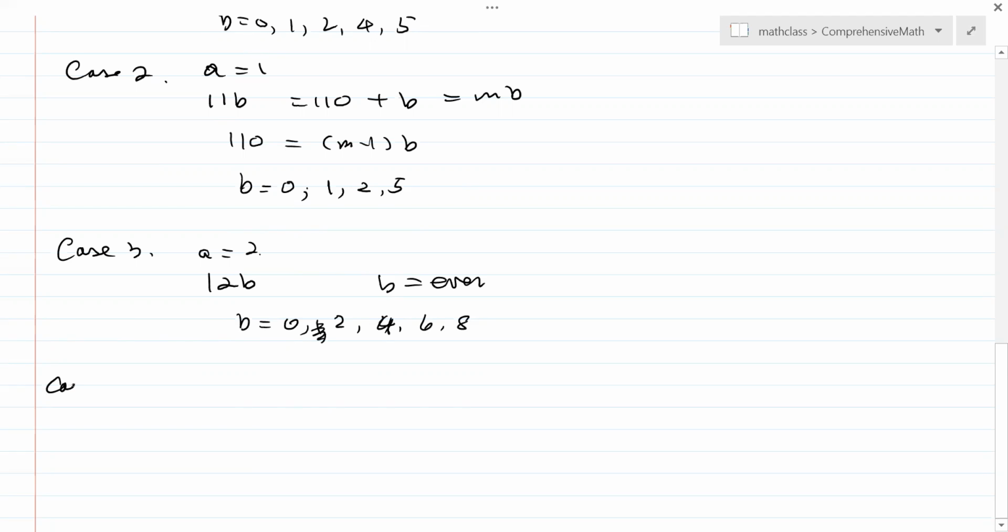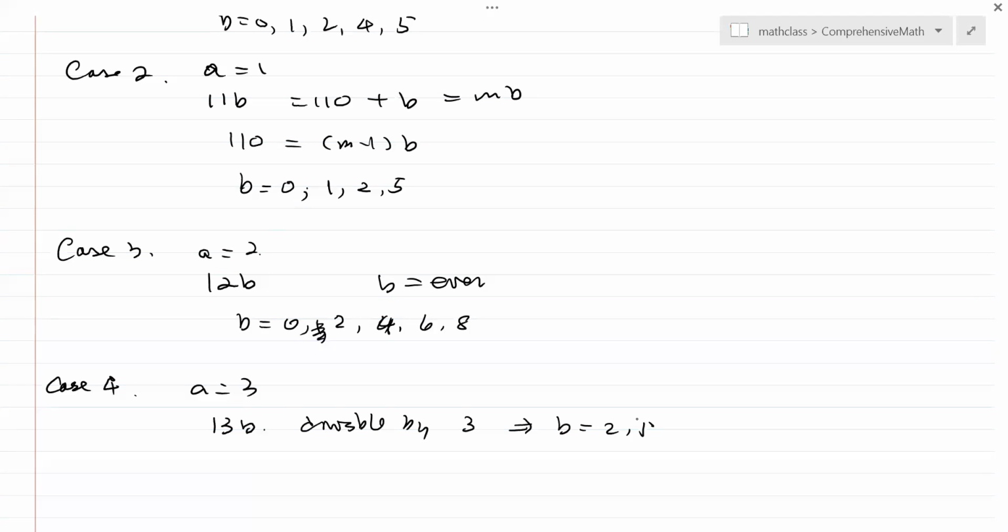Then case 4, A equals 3. When A equals 3, you get 13B, but that should be divisible by 3. That implies B has only the choices 2 and 5. A number divisible by 3, the sum of the digits must also be divisible by 3.